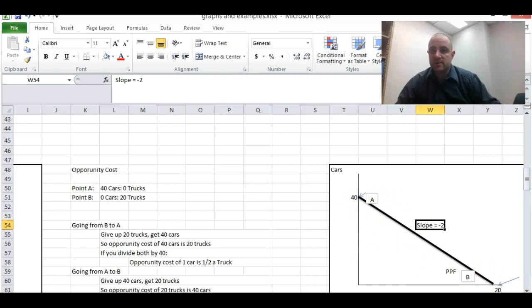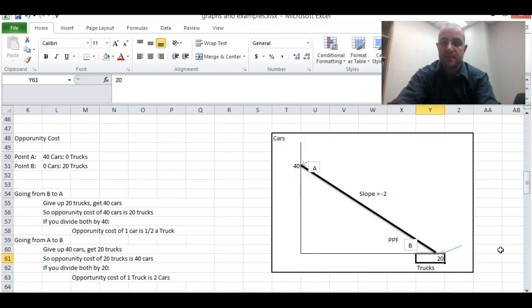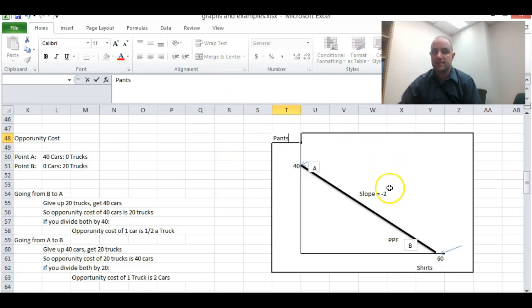It goes from 40 to 60, and let's look at shirts and pants. So when this is the case, 40 to 60, you can see rise over run as you move between any 2 points. The y goes down by 40, x goes up by 60, and so the slope is minus 2/3.